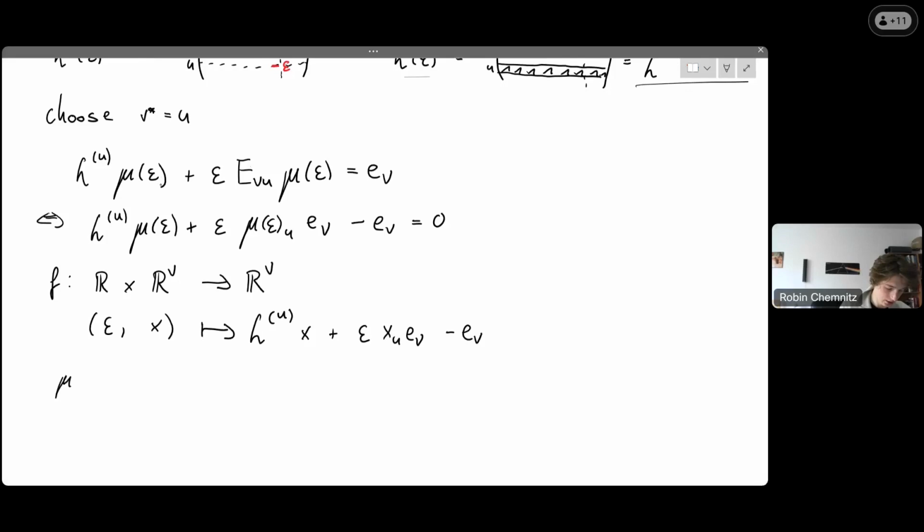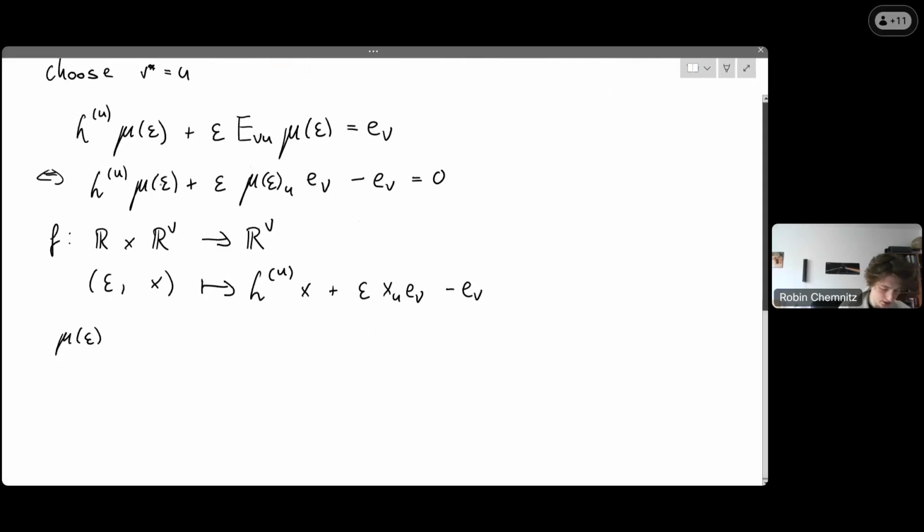Then mu epsilon, this equilibrium, is the solution to F of epsilon, mu epsilon equal to 0.